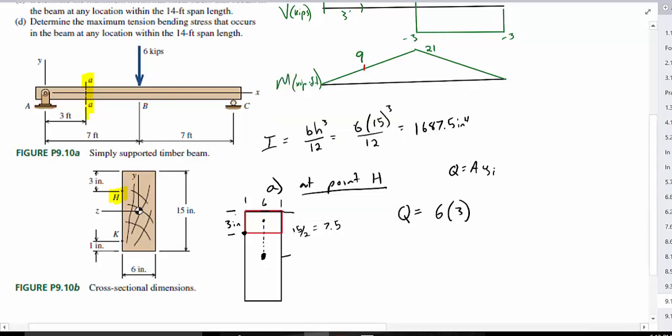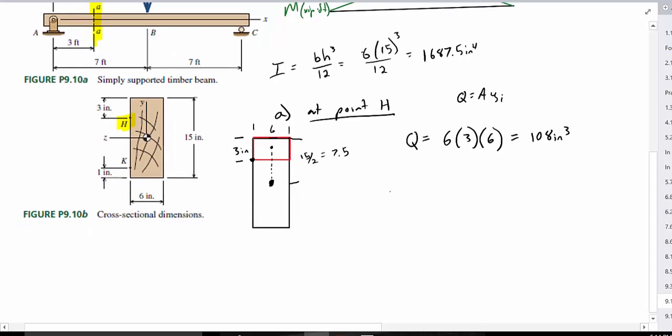And so that's halfway in this rectangle, 1.5 from the outermost edge. So 7.5 minus 1.5 is 6. So y sub I is 6. So Q for this section then equals 108 inches cubed. Okay?